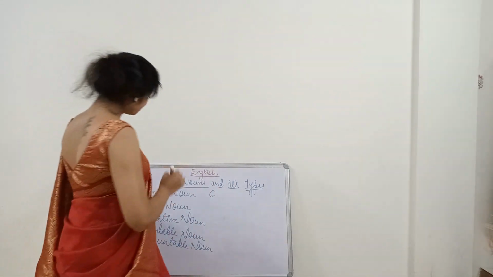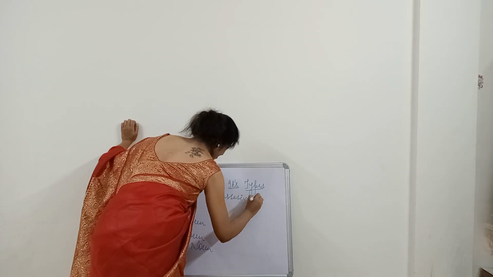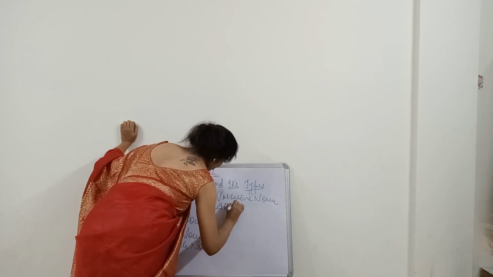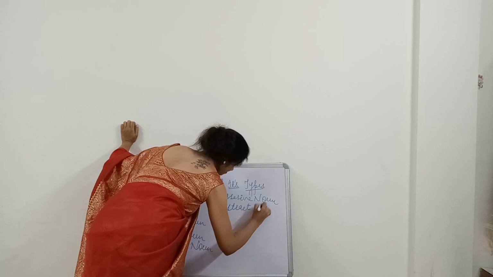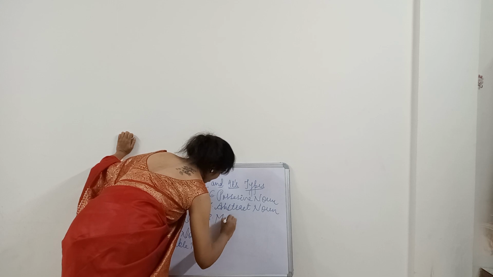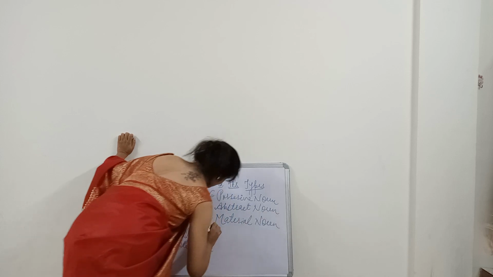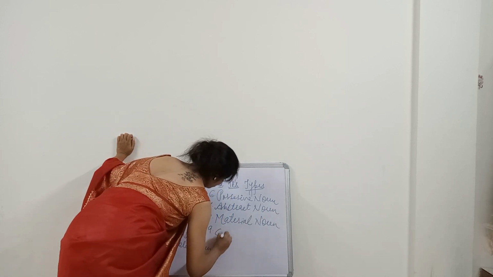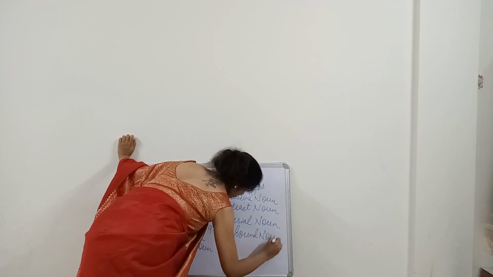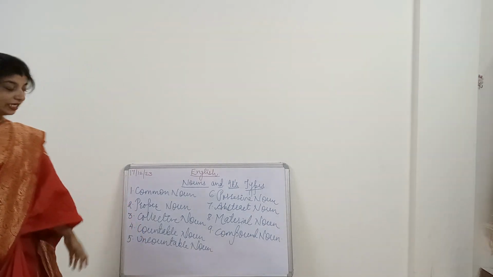Sixth is possessive noun. Seventh is abstract noun. Eighth is material noun. And ninth is compound noun. So let's discuss all of them one by one in detail.